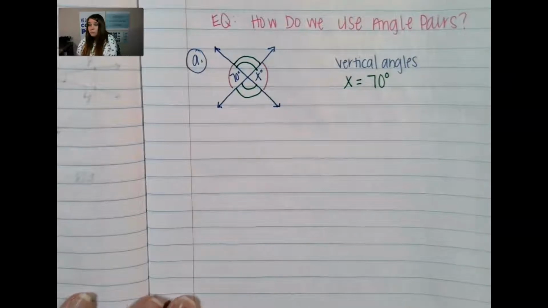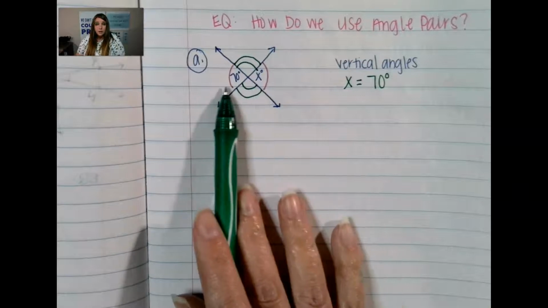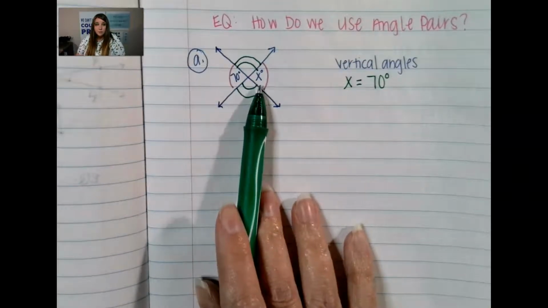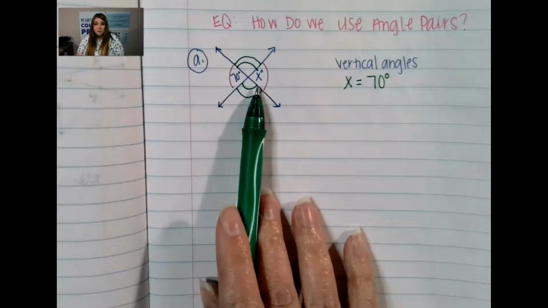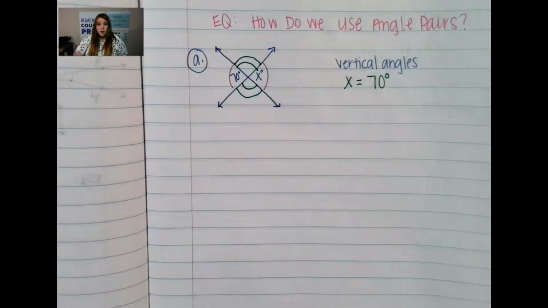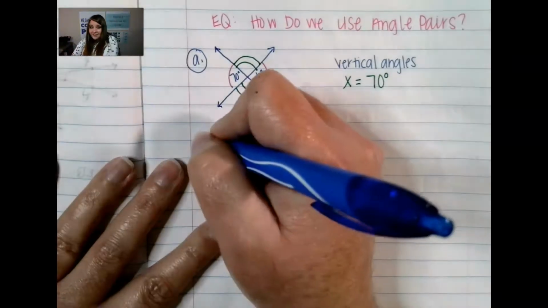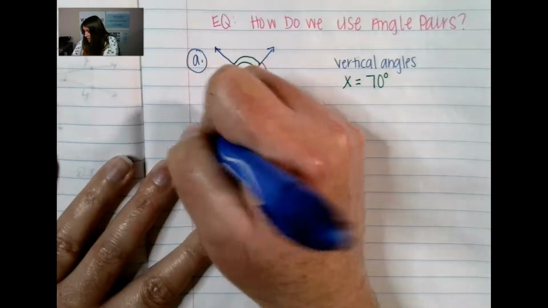That's that one. So vertical angles tell us that they are directly across. They're going to equal the same. Okay, so the value of X is just 70 because they're the same. So that one, pretty straight across. Get it? Straight across? Okay.